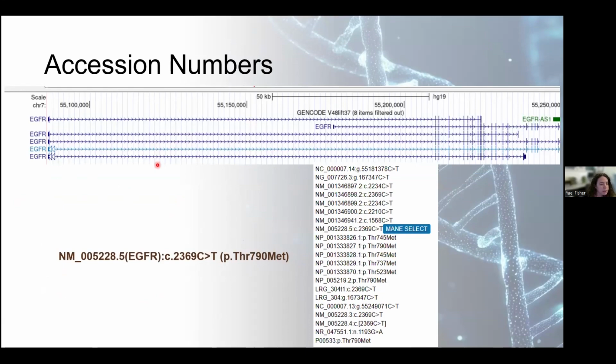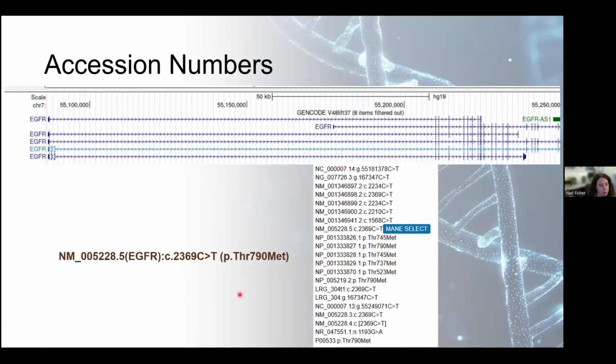So what does this mean, the different accessions? I showed you before that different transcripts of the same gene may contain different exons. And the transcript number, or the accession number, reflects that.